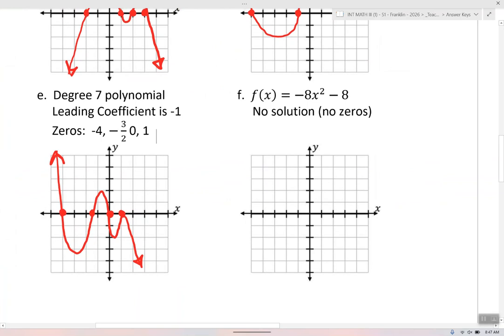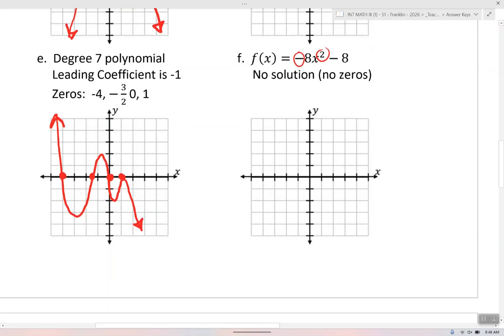Let's try example F. We have an even degree polynomial with a negative leading coefficient, and we have no solution. So we're pointing down, going the same direction, but not touching the x-axis. So it just looks something like this.